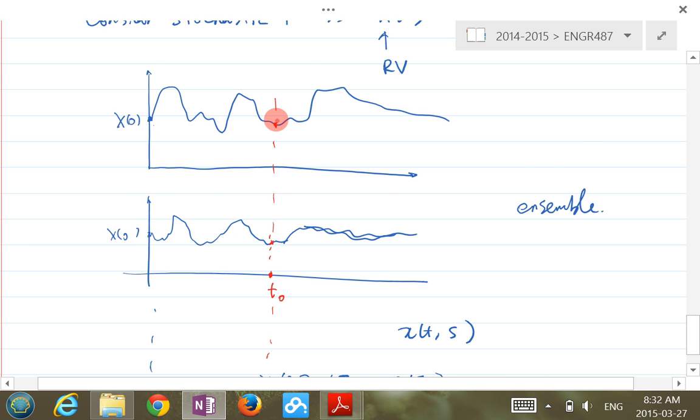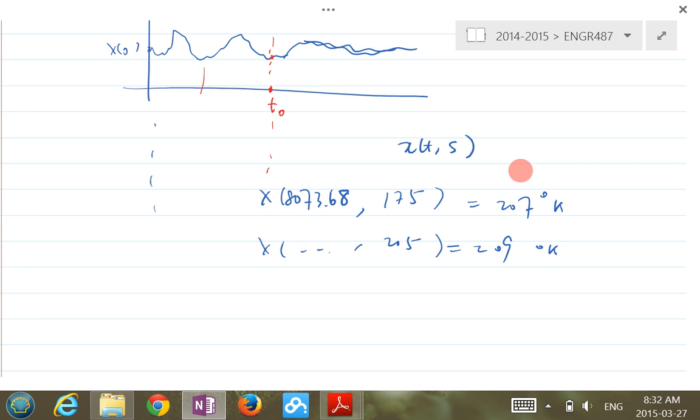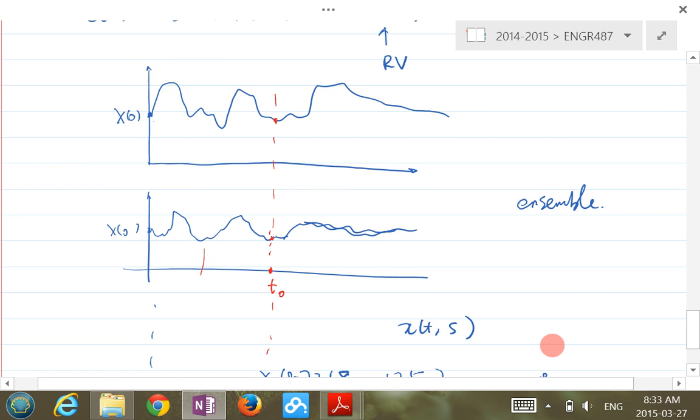For each instant, it is a random variable. So x of t naught is a random variable. You pick one instant out of this stochastic process, and that's a random variable.